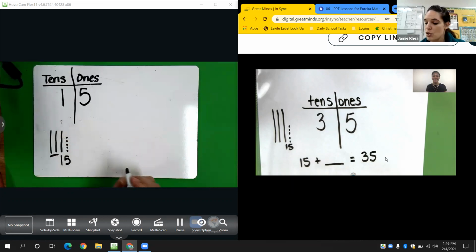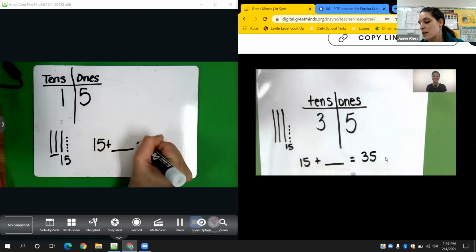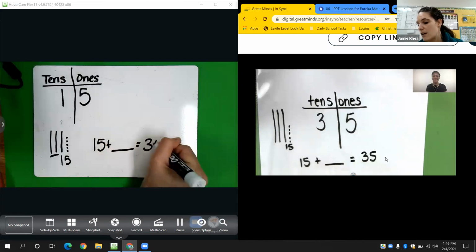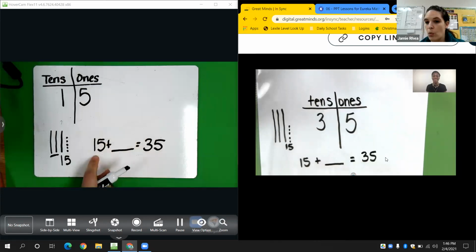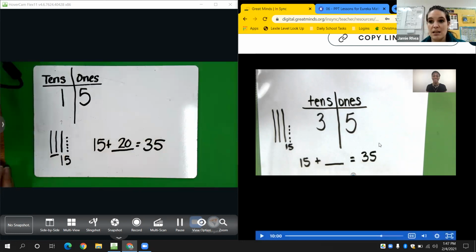Okay, so we need to say 15 plus something equals 35. We know that we added 2 10s to our 15. 2 10s is the same as 20. Guys, we didn't just add 10, we added 20.